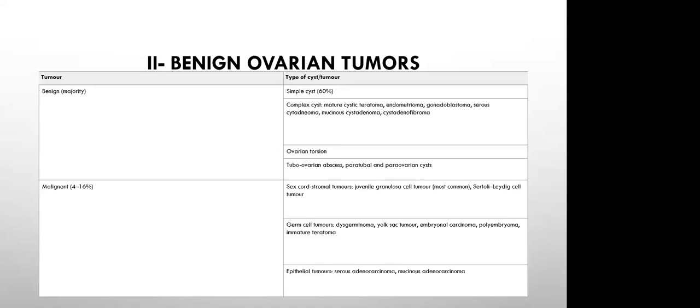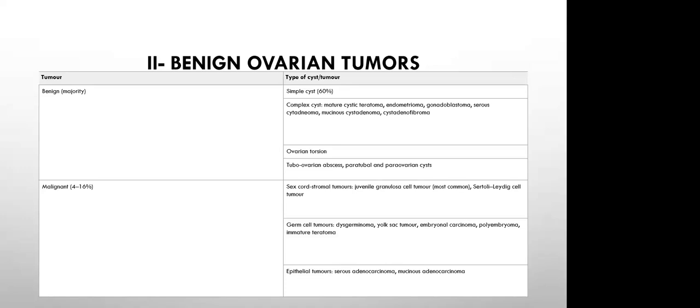So in neonates and in teenagers, adolescents, in all of this age group, the benign are the majority, as simple cysts account for about 60% of cases in practice. Sometimes we may have a complex cyst on ultrasound scan, and this complex cyst may be a teratoma, sometimes an endometrioma, despite it being very rare, or sometimes a mucinous or serous cystadenoma.